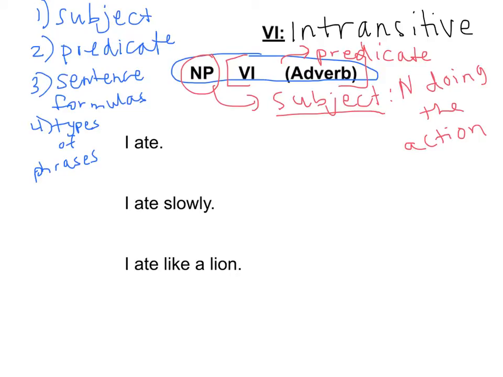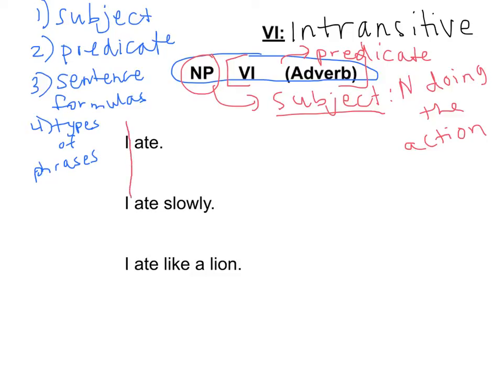So what we can do with these sentences, they're all basically the same sentence at the beginning. I ate slowly, I ate like a lion. We're going to draw a line that separates the subject and the predicate. Now these all have the same noun phrase and they all have the same verb. So that means we can draw the line at the same place, which would be right here.